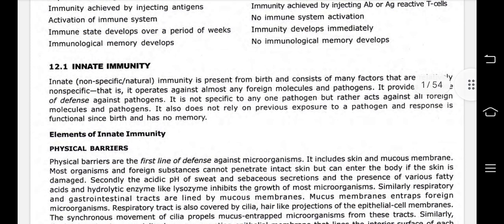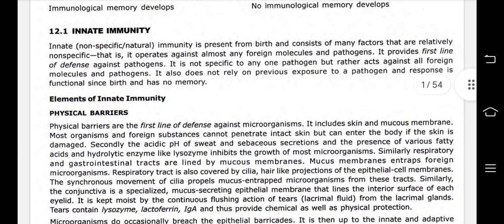Next is innate immunity. Innate, in the sense of non-specific or natural immunity, is present from birth and consists of many factors that are relatively non-specific. That is, it operates against almost any foreign molecules and pathogens. It provides the first line of defense against pathogens.